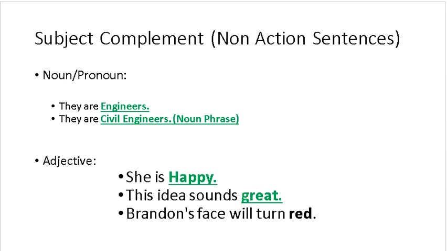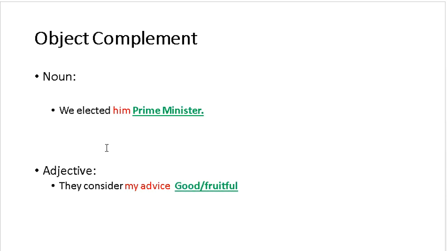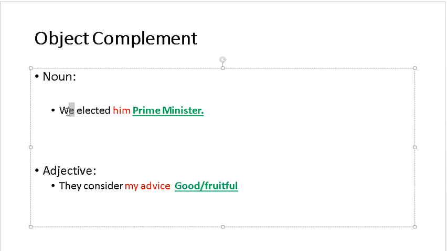Whereas in these sentences, the prime minister is not complementing we, it is complementing him. We elected him prime minister. So that's why this is an object, and this is qualifying it, completing its meaning. This is an object complement. Here they consider my advice good. What was considered good? The advice was considered good.